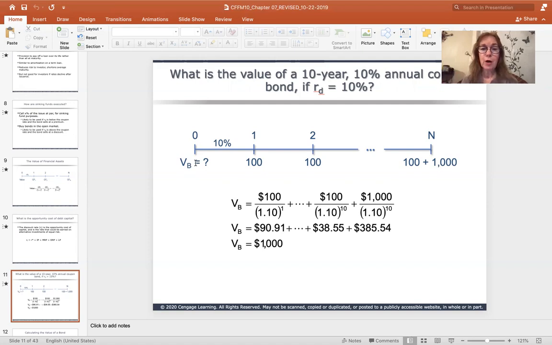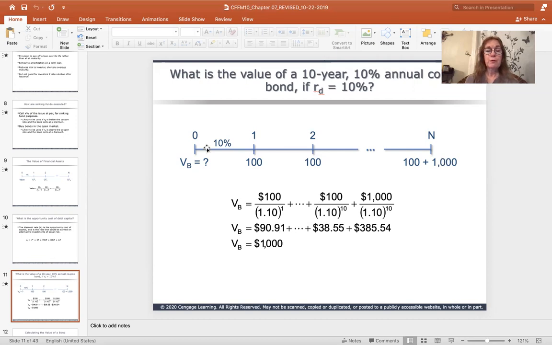Basically, all bond valuation is, is finding the present value of this annuity stream, the present value of the interest payments, plus the present value of this $1,000 out here. So we have this bond. This is a 10% bond. It's paying us $100 a year. And at the end, whenever that may be, we're going to get our $1,000 back.